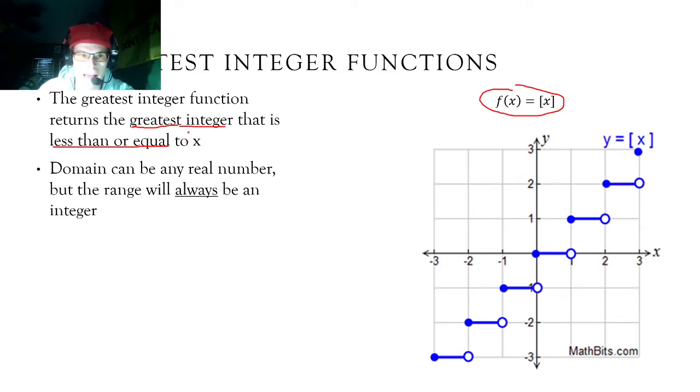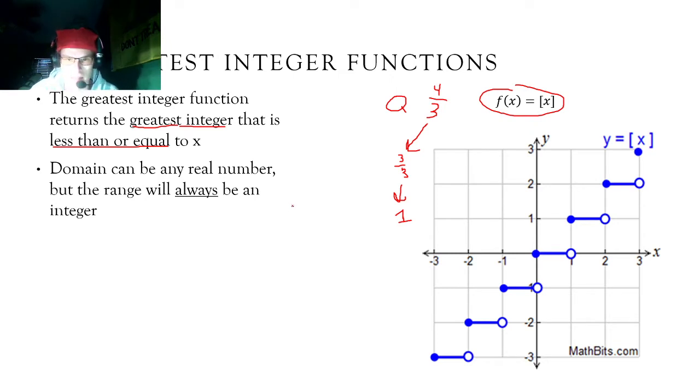So, if you have a rational number such as 4 over 3, the greatest integer function will return the greatest integer that is less than 4 over 3. That means the integer less than 4 over 3 would be 3 over 3, which as an integer is 1. Alright?